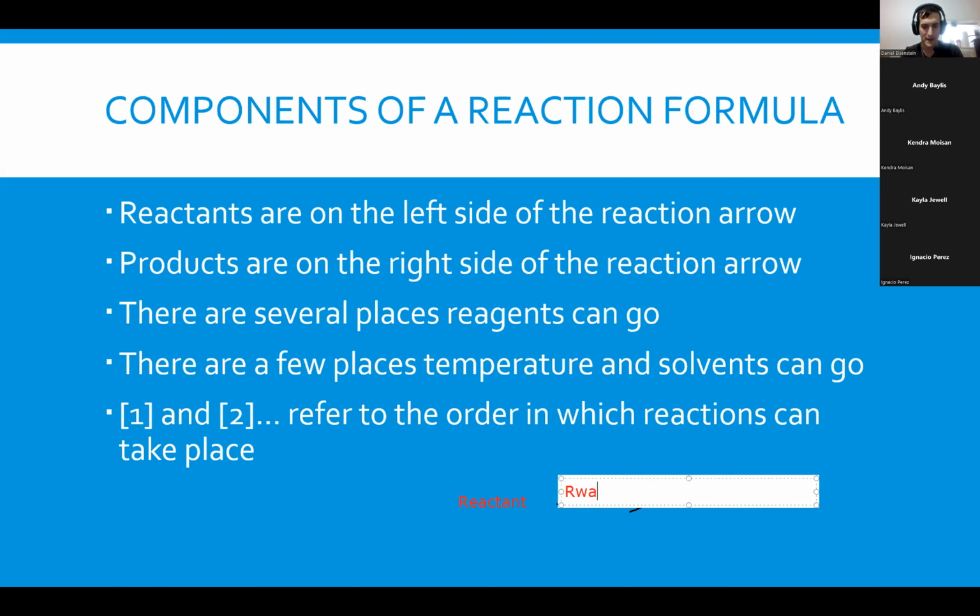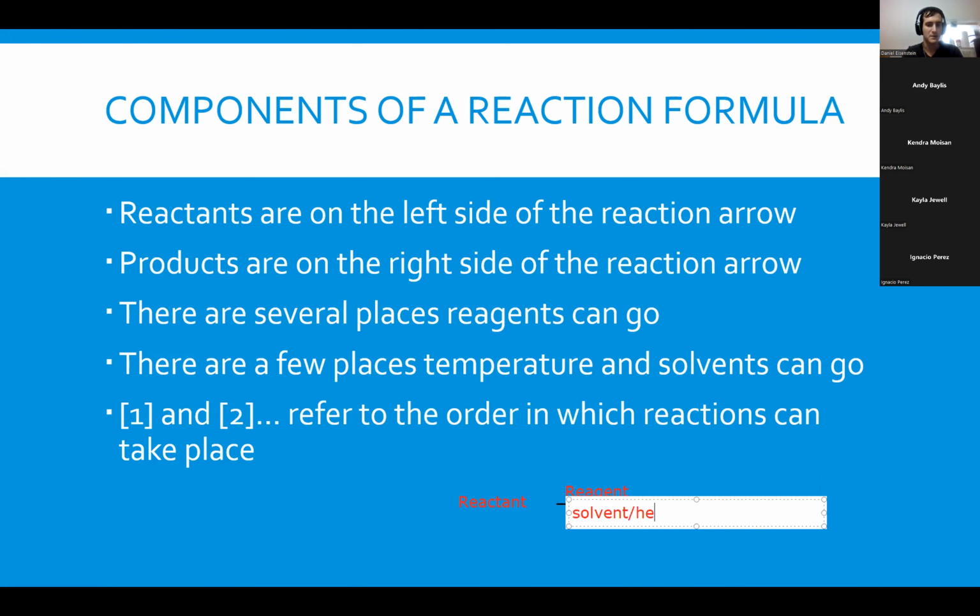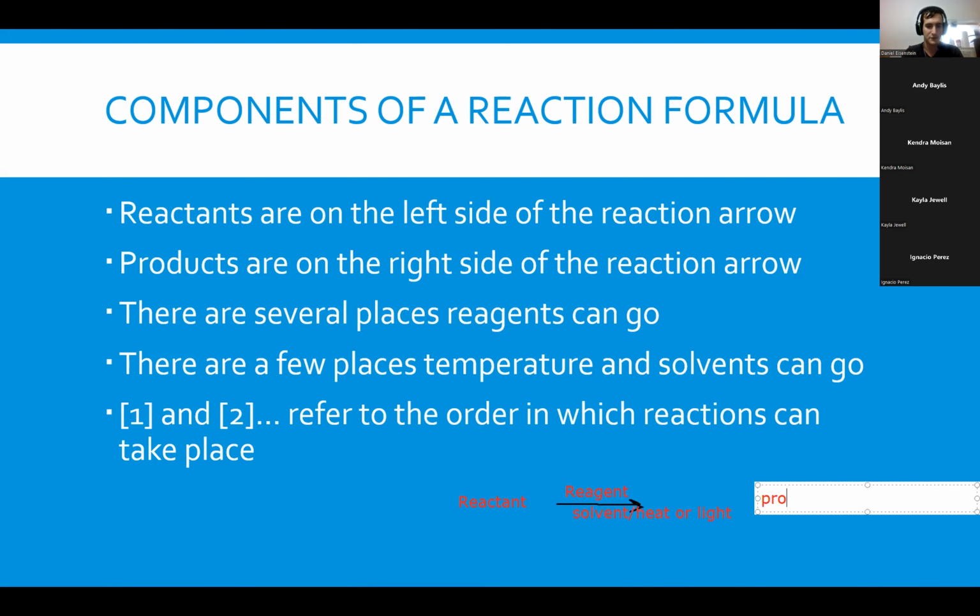I have a reactant on the left side, a reagent above. Sometimes you'll have a solvent down here. Sometimes it'll be heat or light. Okay. And then over on the right side over here is your product. Okay. This shouldn't be too complex.